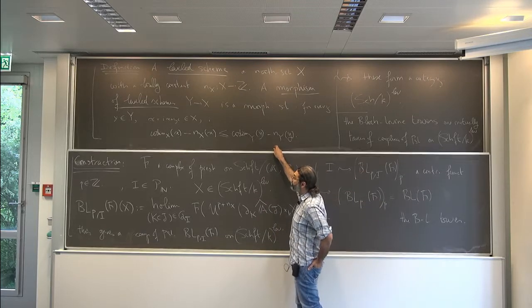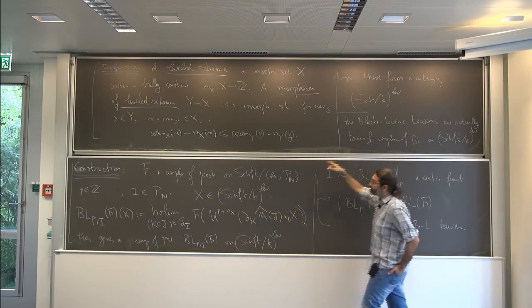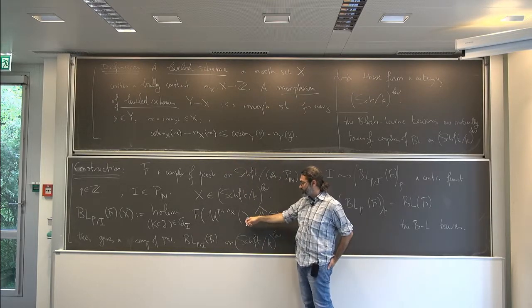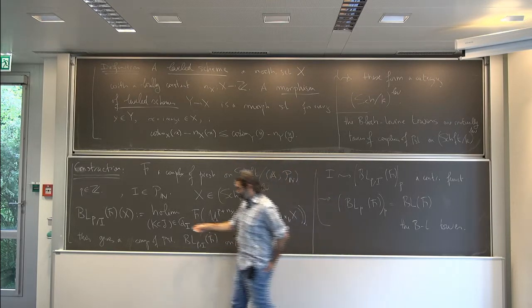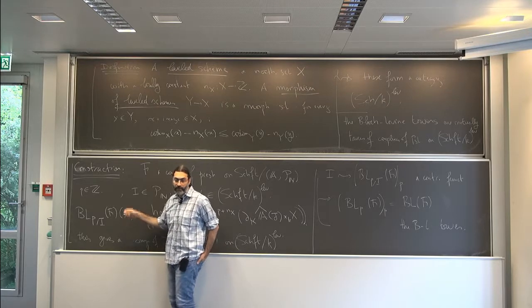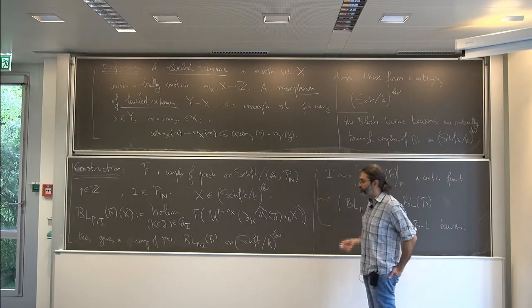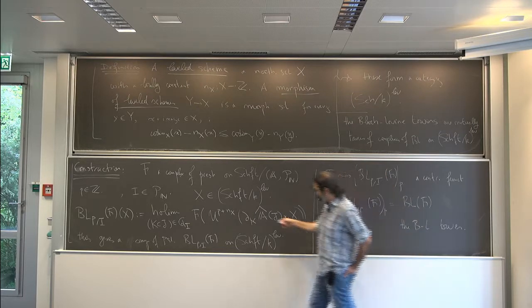And so the point is that if I restrict to morphisms satisfying these conditions, then this becomes functorial in X. Otherwise it's not functorial in X, because of this open subset.